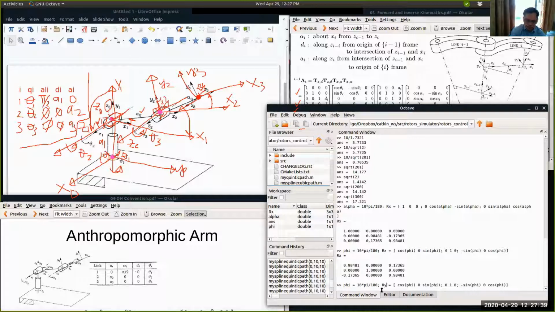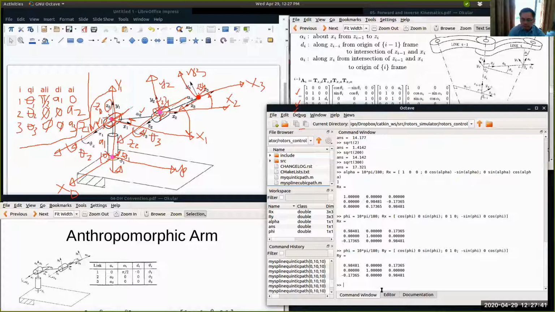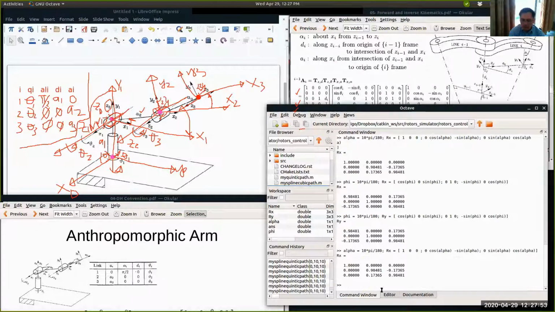This is rotation about y. Okay, so the other one is rotation about x. Rotation about x. Okay, just to correct it. And so now we have rotation theta about y.